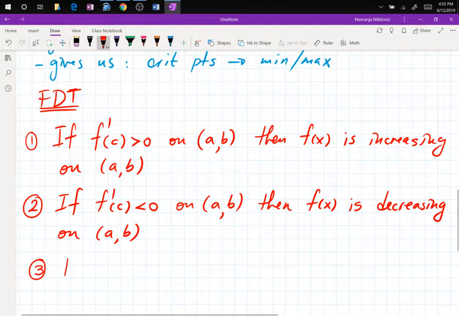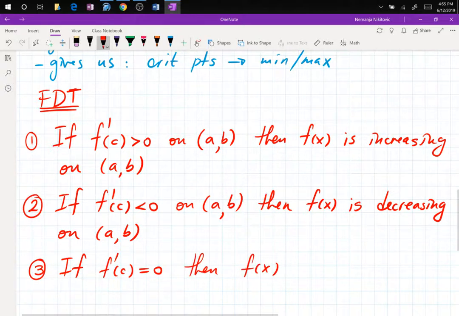3. If f prime of C is equal to 0, what then? Last class. Yes, it's constant, but what do we have? We have a critical point, which is min and max. Then, because this is at the point C, it's not f of x, it's f at C, so it's a single point.